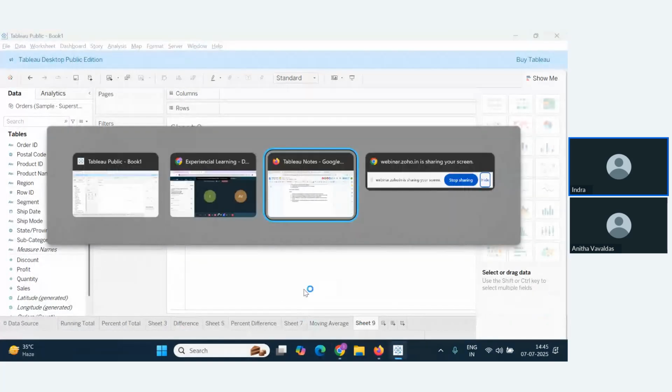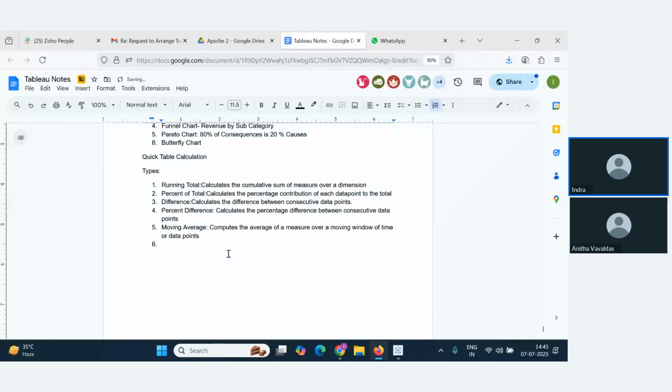Let's go to the next one, that is nothing but percentile. Okay. Percentile. Now, what is percentile? Can somebody tell me what is percentile?